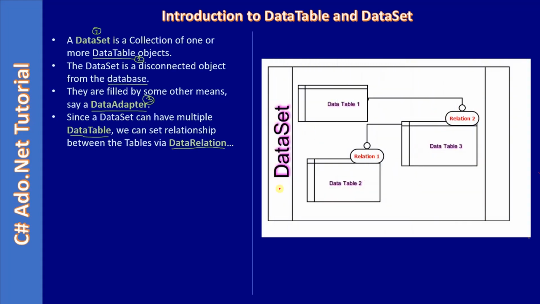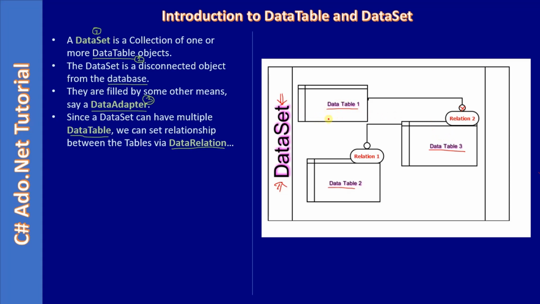If you look at the picture here, we have a dataset, right? And this dataset contains multiple data tables. Data table 1, data table 2, and data table 3. And you can also see the relationship between the data table. See, this is data table 1 and the data table 2.